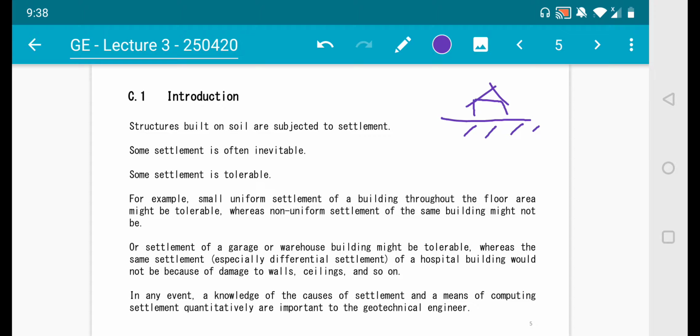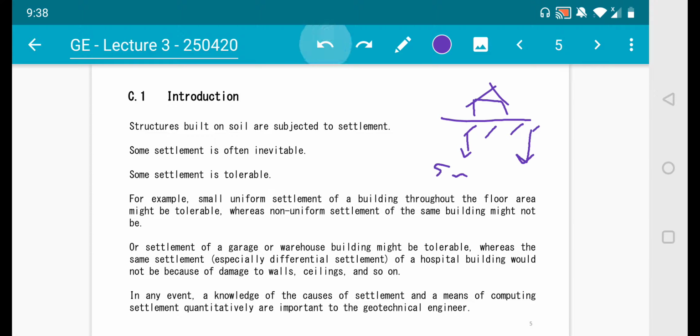If you have a building and on the left side the settlement is about 5 meters, and on the right side is also 5 meters, this is where settlement is okay, meaning it's settled uniformly.